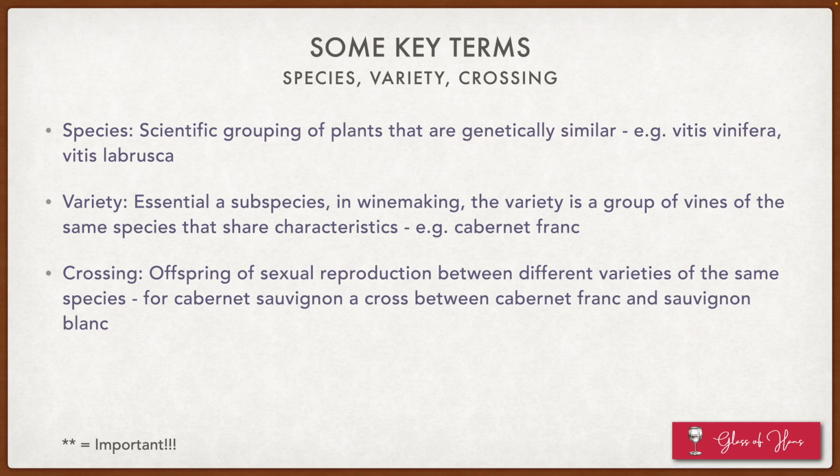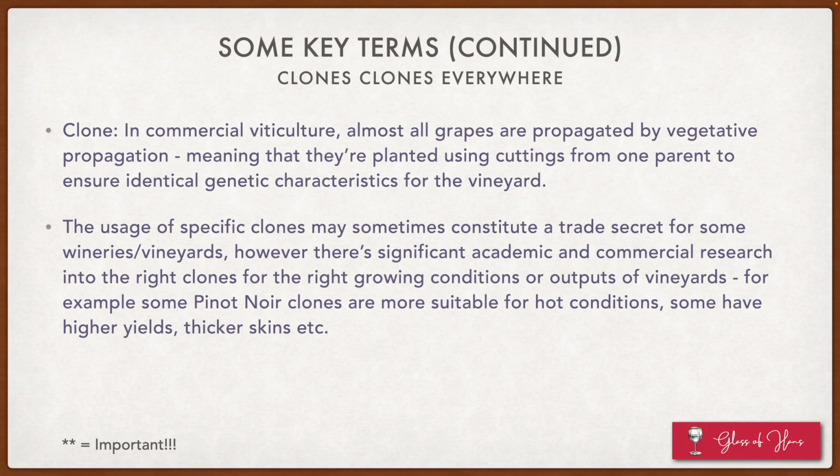A variety is a group of vines of the same species that share characteristics, say Cabernet Franc, for example. And then finally, you've got the crossing, and the crossing is the offspring of sexual reproduction between different varieties of the same species. For example, Cabernet Sauvignon is a cross between Cabernet Franc and Sauvignon Blanc. All of these are really important to remember for the purposes of the exams.